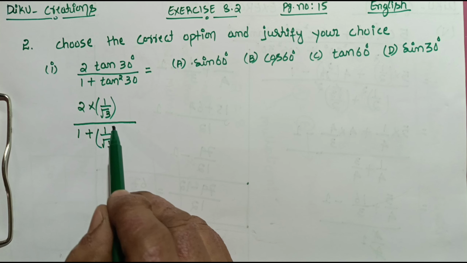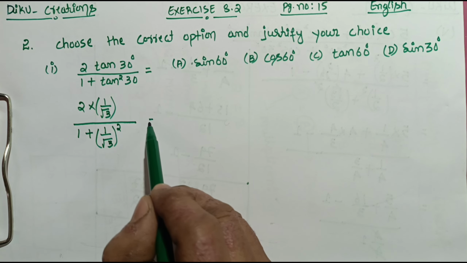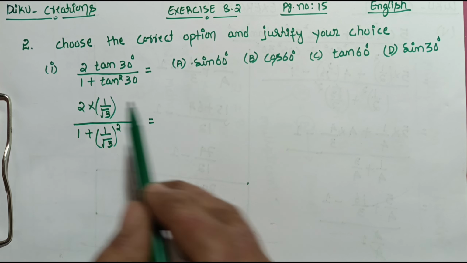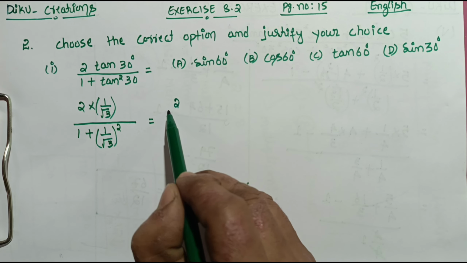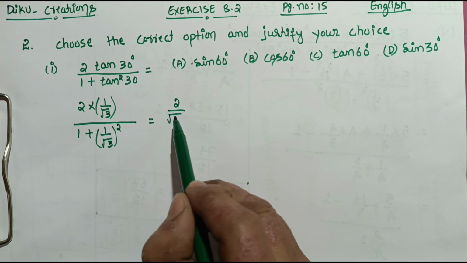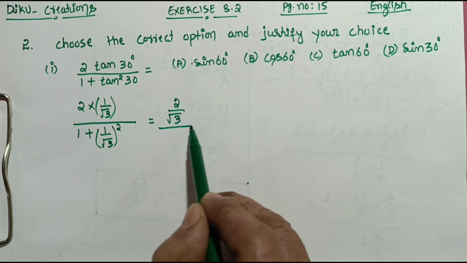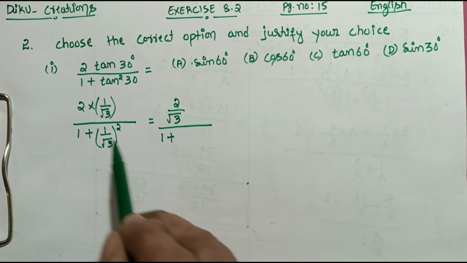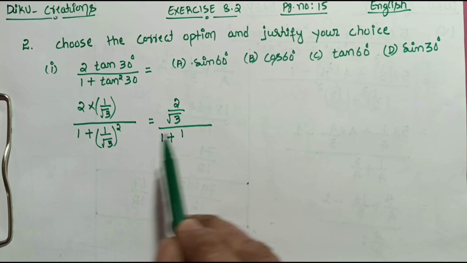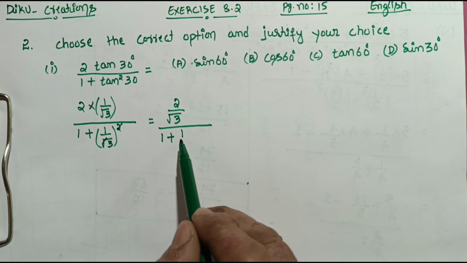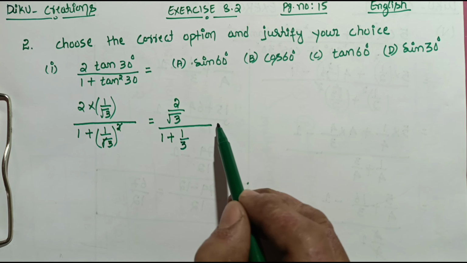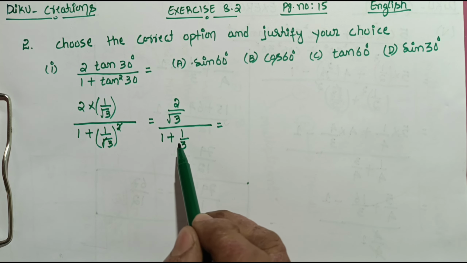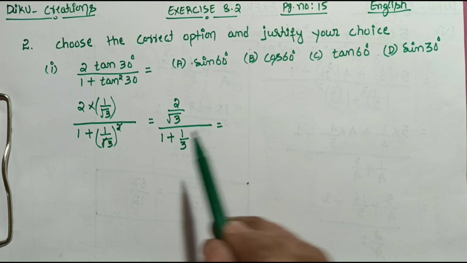Then it becomes square, which is equal to, now I will multiply the numerator. 2 into 1 is 2 divided by root 3 whole divided by, this one I will write as it is, 1 plus, here there is a square, 1 square is 1, square and square root get cancelled, divided by 3, which is equal to, here we need to take the LCM in the denominator, then simplify.